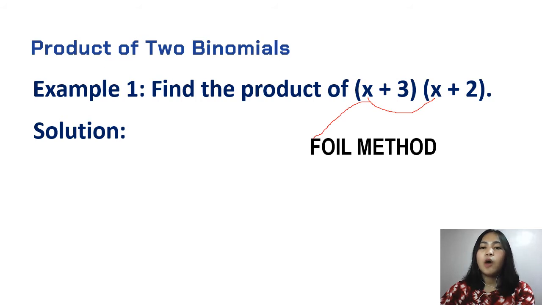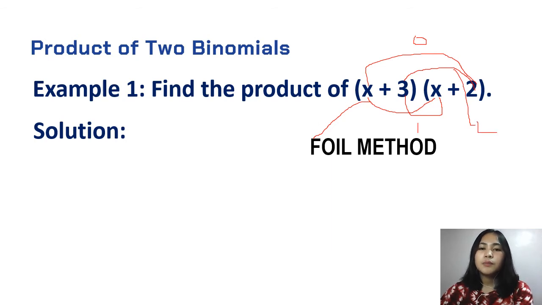How about our outer term? x and 2 are our outer terms. Our inner terms are 3 and x. And our last terms are 3 and 2.